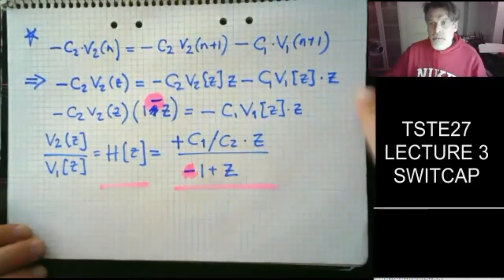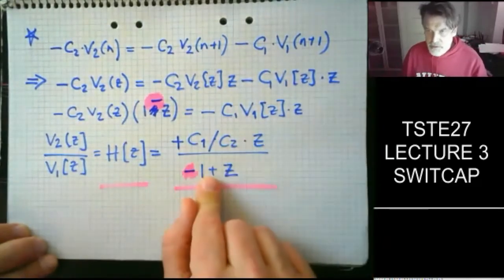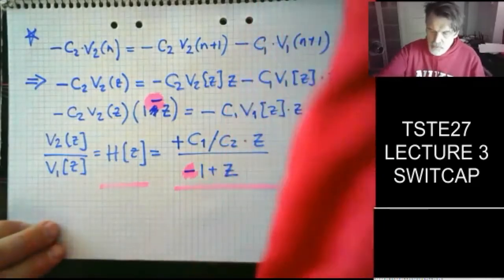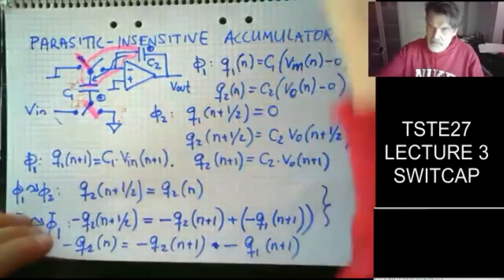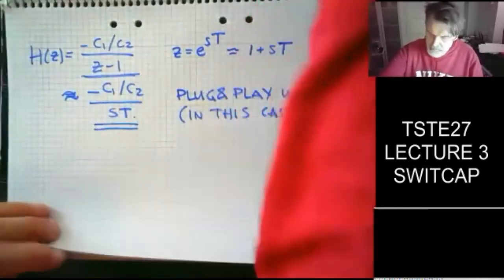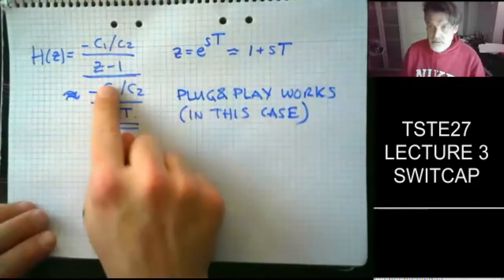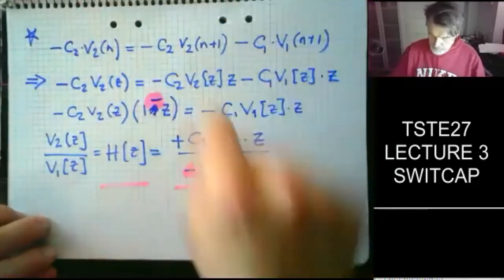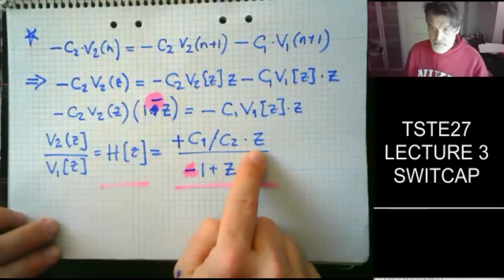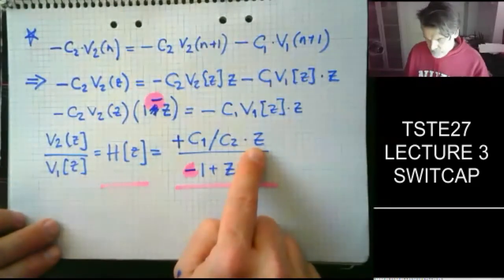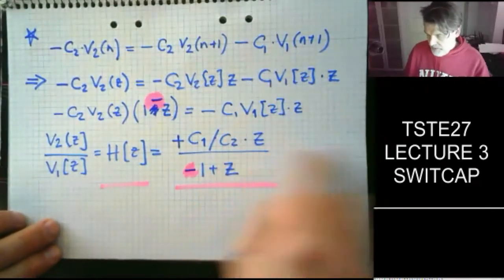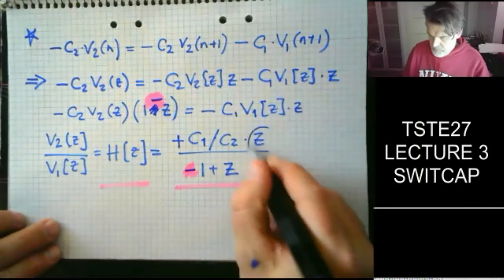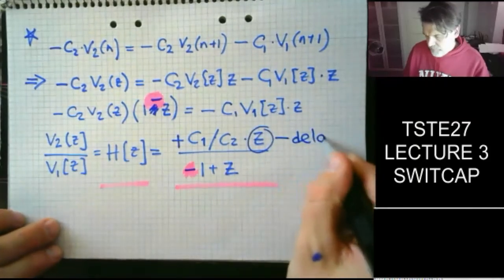Okay, so anyway, here we have a transfer function which is also an accumulator. If we go back to the one that we calculated before with the plug and play method, this also has Z minus 1, minus, but here we had an additional Z in the transfer function. That's just a delay.